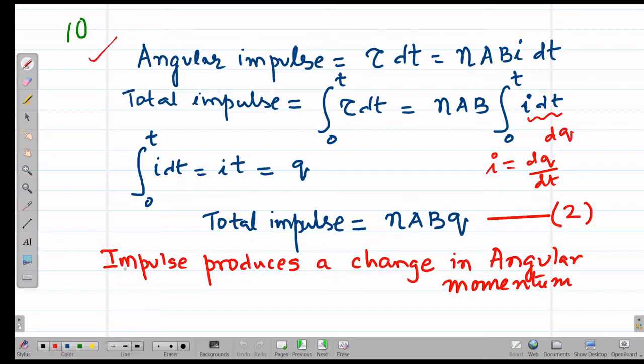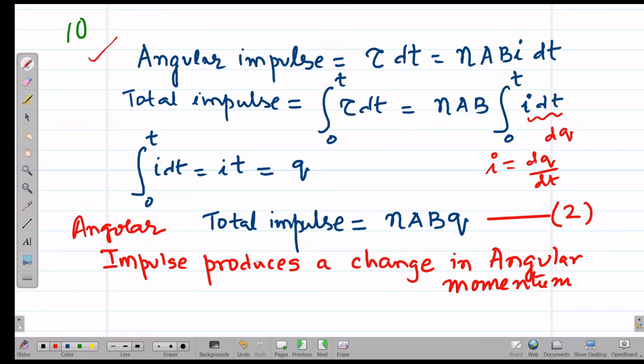The impulse, or if you want to be very, very specific, the angular impulse produces a change in angular momentum. Just like a linear impulse will produce a change in linear momentum, the angular impulse will produce a change in angular momentum.